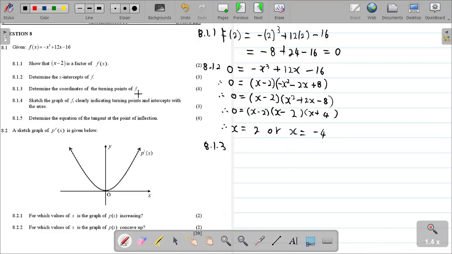Determine the coordinates of the turning points. So for the turning points, the derivative is equal to 0. So we're going to say 0 equals negative 3x squared plus 12. So it means therefore x squared equals 4. So x equals plus or minus 2.